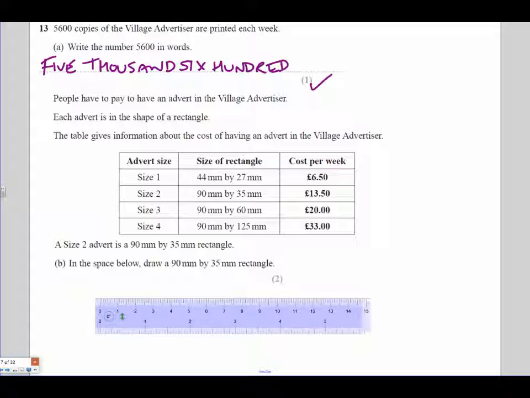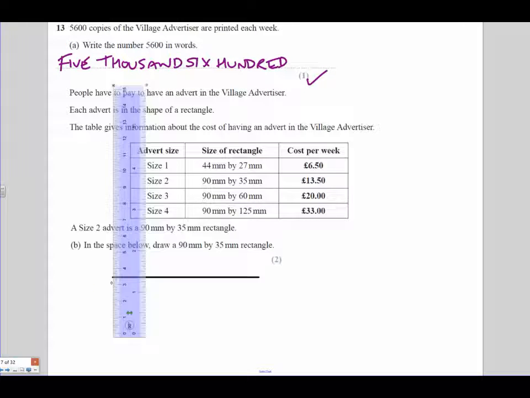So what you need to do is, using the ruler that you brought to the exam, put the ruler on the paper and draw a horizontal line that is 9 centimeters long. Draw a line at right angles that is 35mm long.